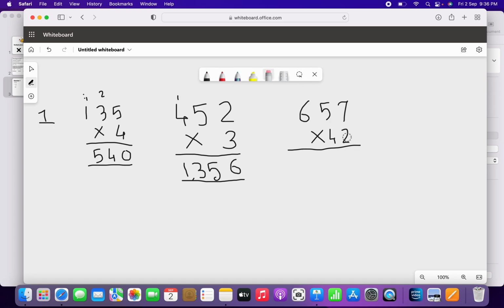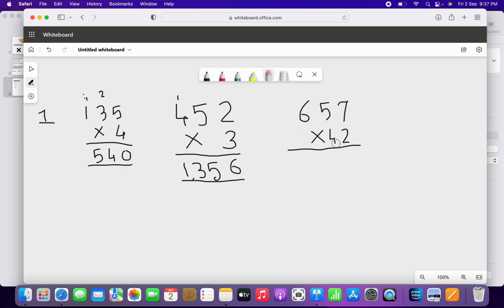First we are going to multiply by the unit, the ones. We used to call it the unit place value. Now we call it ones. With ones, the whole number 657. Then we will multiply by the tens, the number in the tens position, 4, into 657.